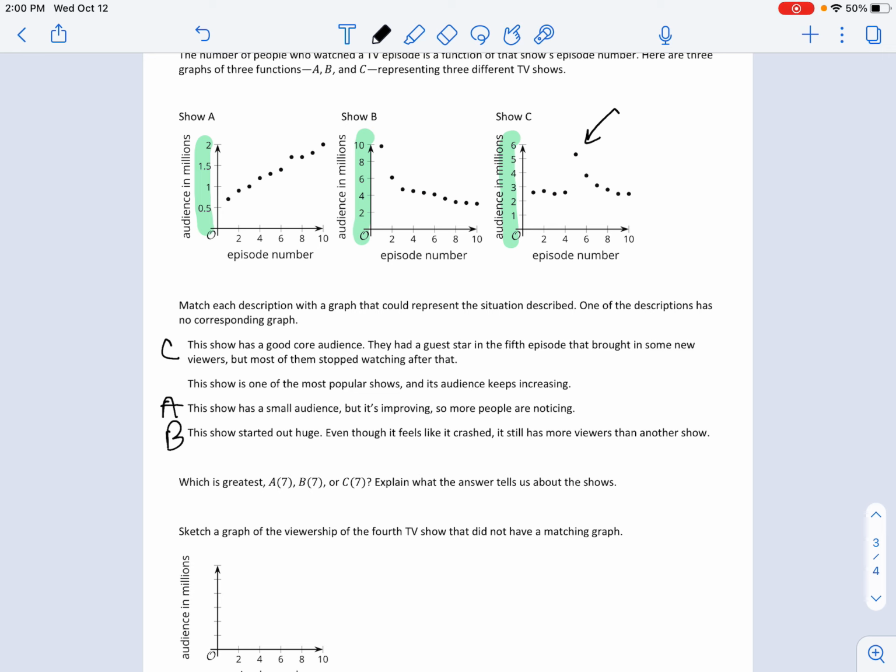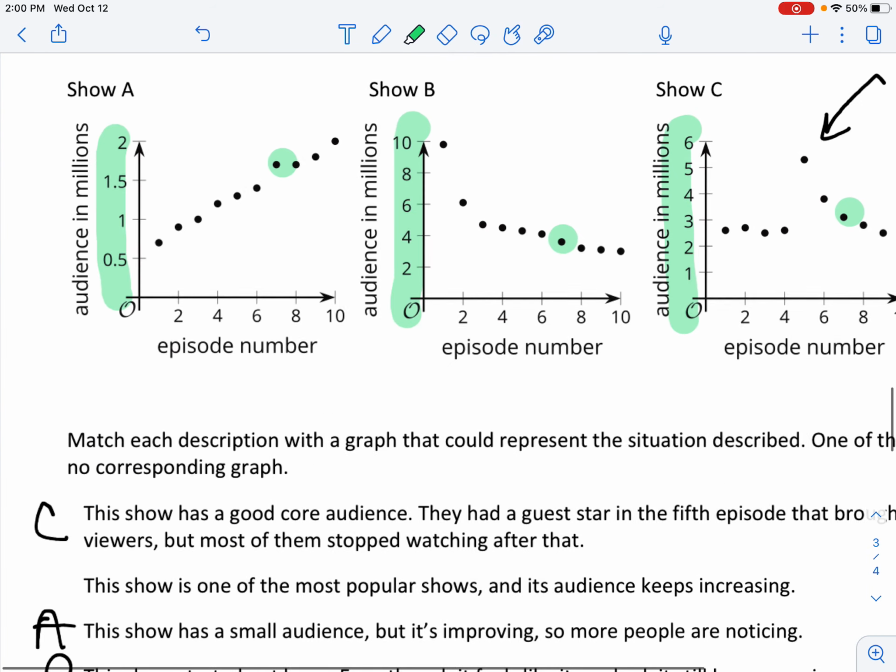Okay, and so this next question gets to this idea of that scale on the side as well. It says, which is greatest, A7, B7, or C7? So if we just go to the graph at 7 for each one, the points at 7 are this one, that one, and then this one. And then if we go over to the y-axis for each one, we can see that this one is somewhere between 1.5 and 2 million.